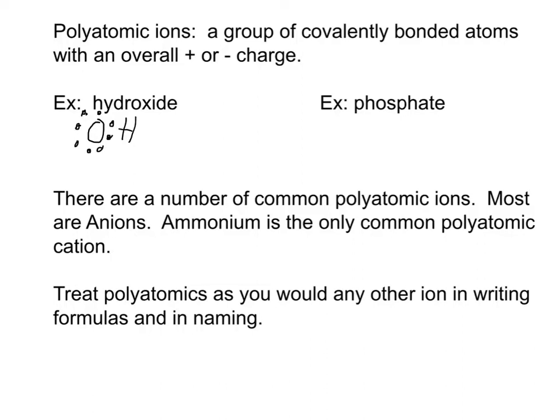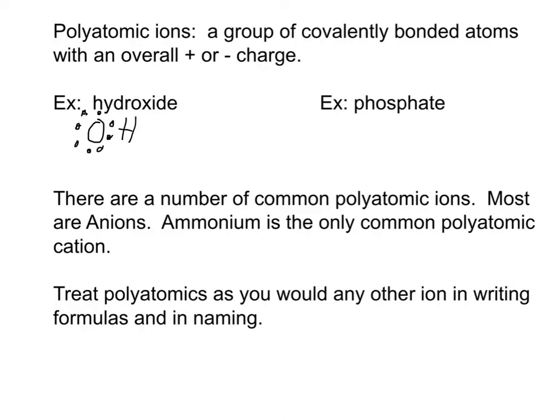But the way I drew it, I have 8, because this needs one more electron to be a stable arrangement. So it forms this little molecule of an oxygen bonded to a hydrogen, and by grabbing that extra electron, it satisfies the octet rule and is stable.